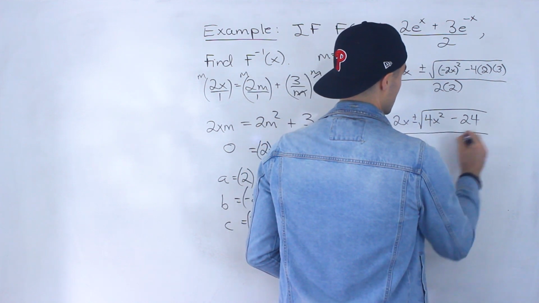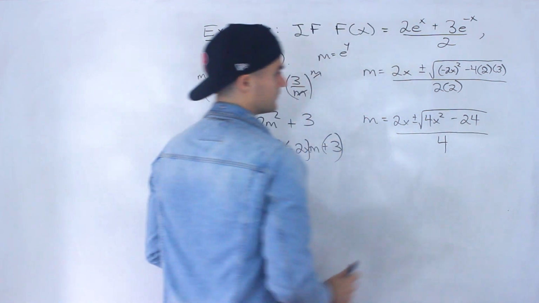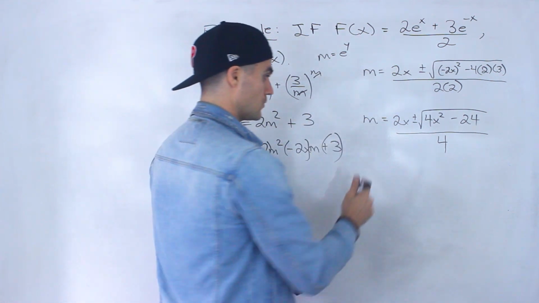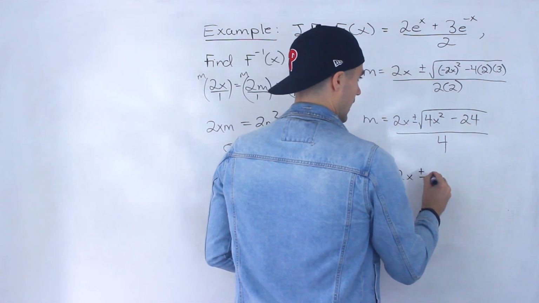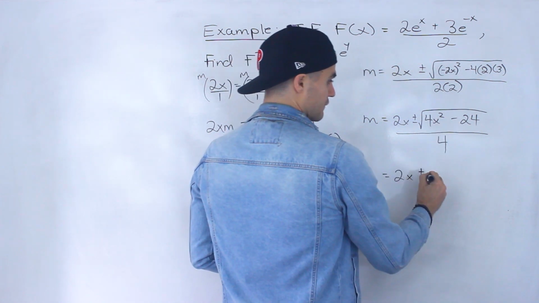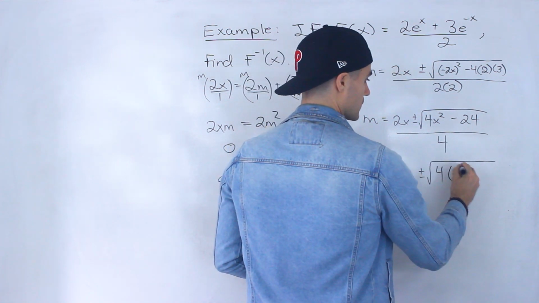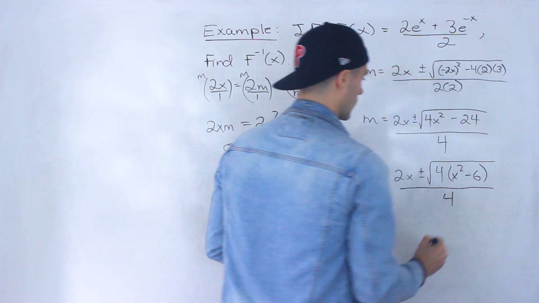And then this here is all over 4. Now this here we can actually further simplify. So what we can do here is factor a 4 under the square root. So we'd end up with x squared minus 6. This is still all over 4.